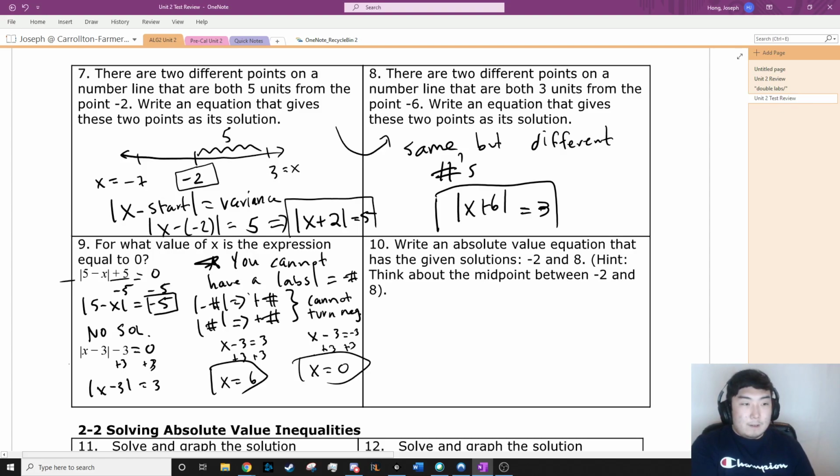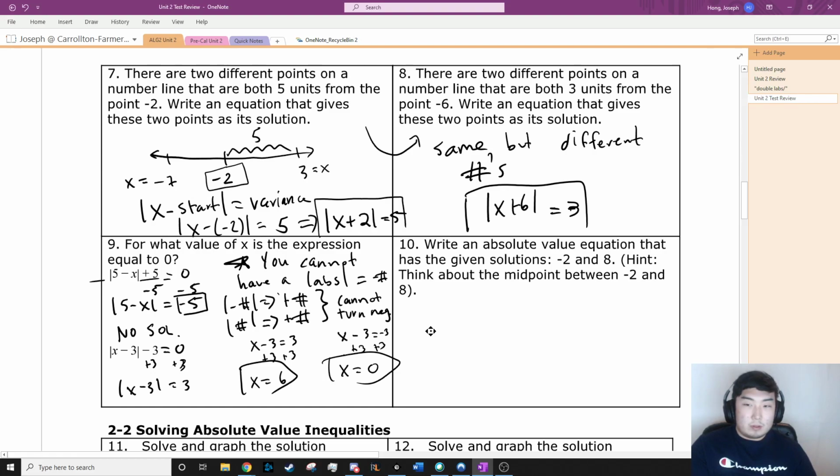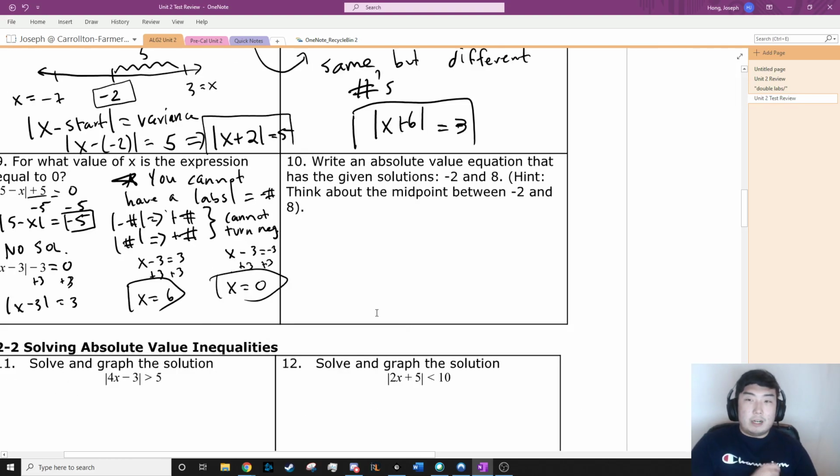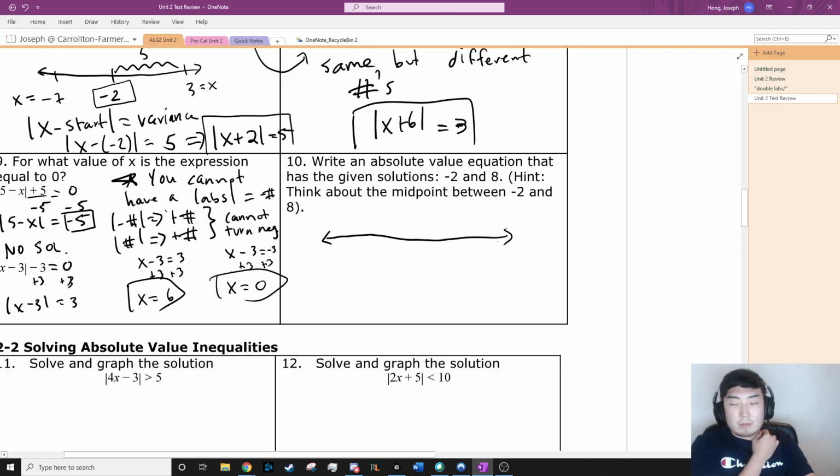Number 10. Write an absolute value equation that has the given solutions -2 and 8. So the hint says, think about the midpoint between -2 and 8. So if I draw a number line, and I have -2, and I have 8, what is the middle between these?